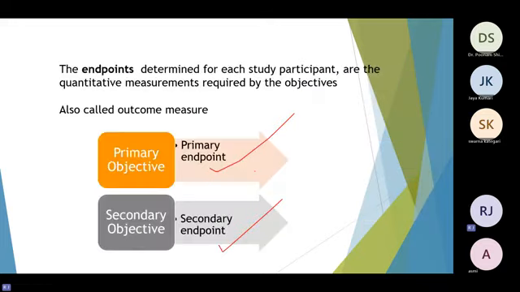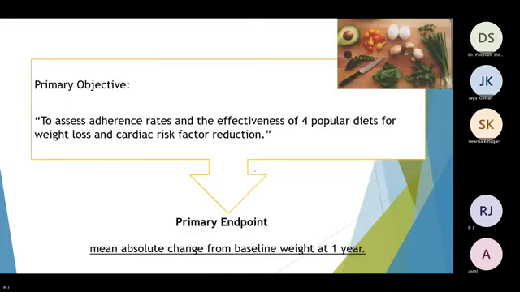Now we'll see with the help of one example. For example, I want to assess the adherence rate and effectiveness of 4 popular diets for weight loss and cardiac risk factor reduction. This is my primary objective.